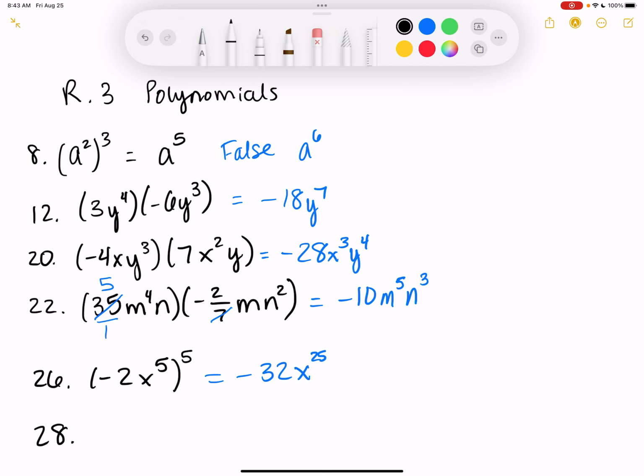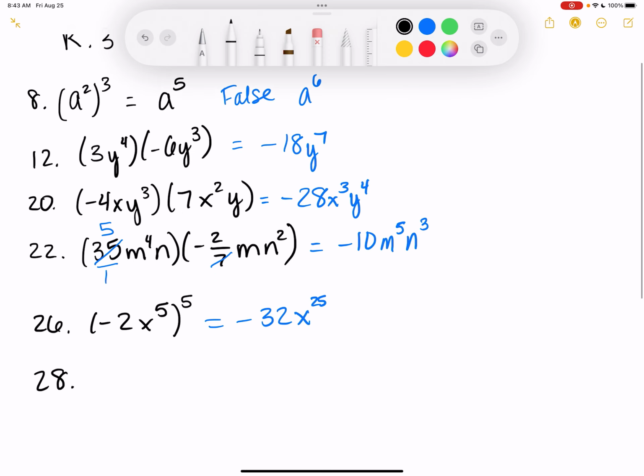Let's see, 28. Negative, and then parentheses 2x to the 0, y to the 4th, and that is cubed. All right, so we keep the negative outside because nothing's happening to it. So then 2 cubed is what?